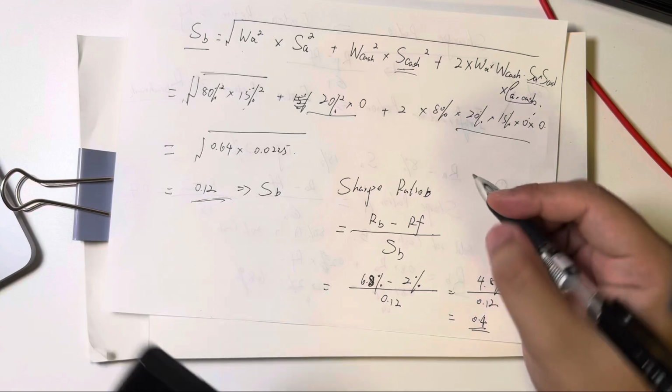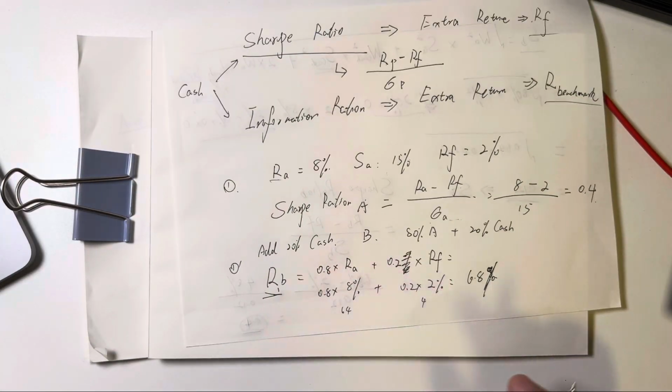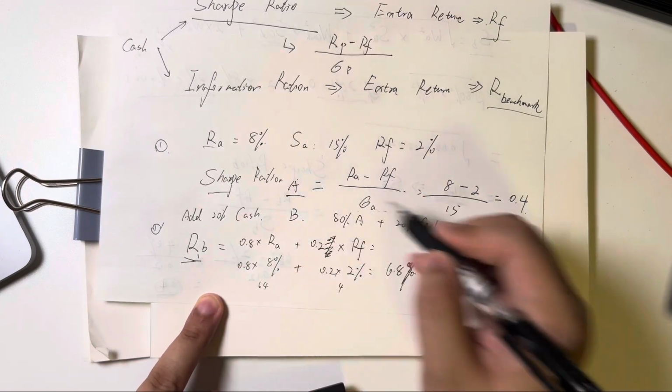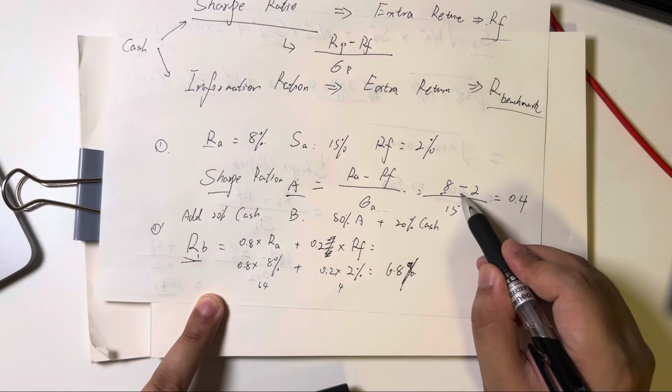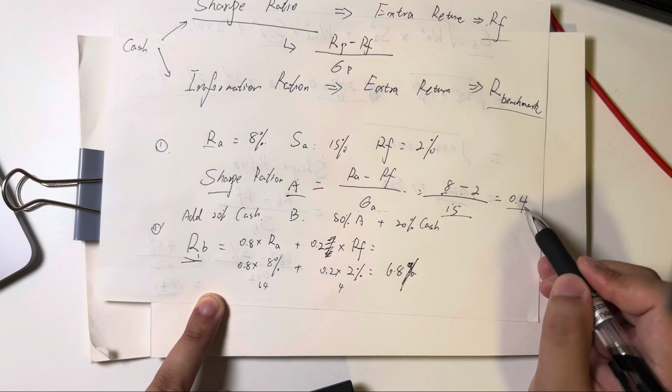So the 0.4 Sharpe ratio should be the same if you think about the Sharpe ratio of A. 8% subtract 2 from 8 divided by 15, we get 0.4.